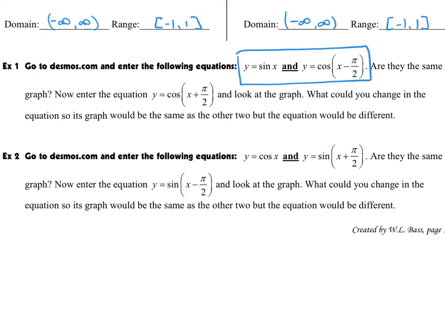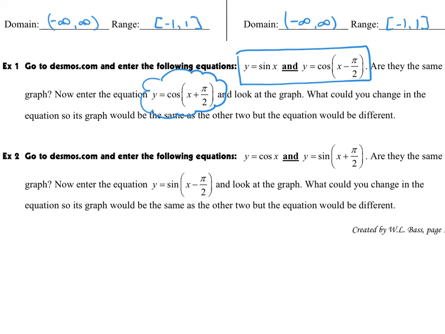Then we want to think about, if we entered this equation into Desmos, it's not quite going to match because you can see that the phase shifts are in different directions. So how could we modify this equation here so that it would turn into these same graphs right here? And you can make yourself a little bit of a guess and see what it is, and then go play with those numbers in Desmos and verify it.